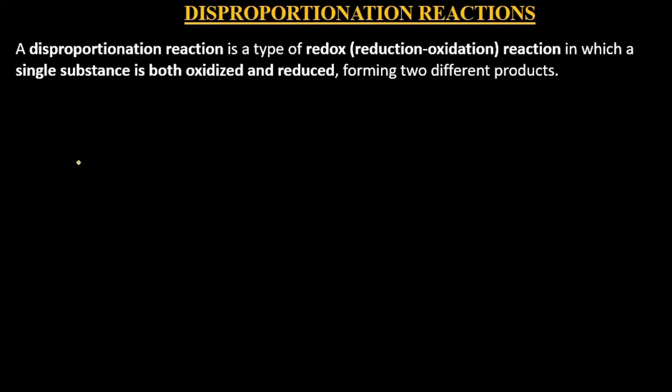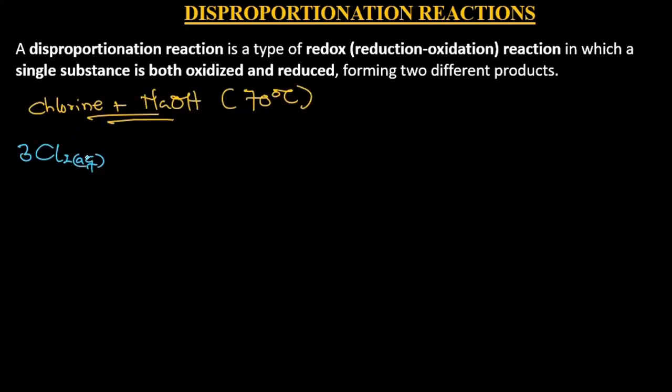Now what happens if this reaction is taking place at a higher temperature, around 70 degrees? Chlorine aqueous reacting with 6 moles of sodium hydroxide, and this is going to give us 5 moles of sodium chloride.